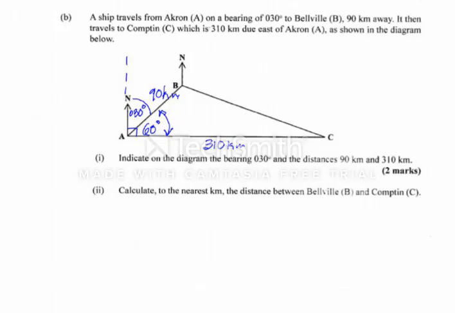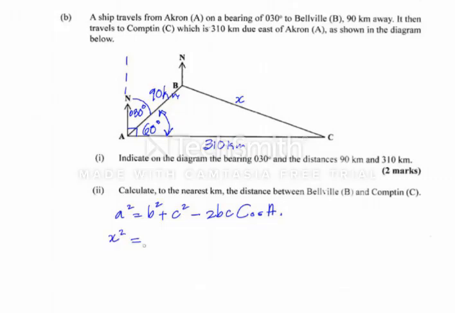I'm going to call that distance x. Now, if I know two sides of a non-right angle triangle and the size of the inclusive angle between them, to find the third side, I must use the cosine rule. Cosine rule says a squared is equal to b squared plus c squared minus 2bc cosine A. In this formula, a is the side opposite the inclusive angle, so that's x squared.